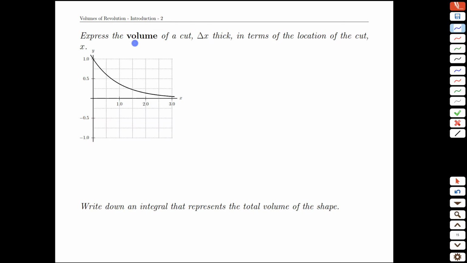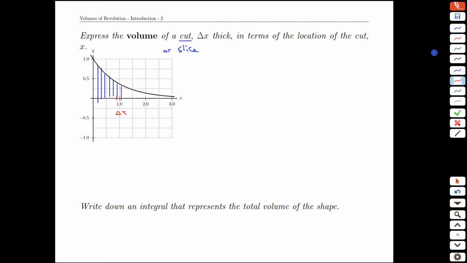Our next step will be to explicitly get the volume of a cut, or we'll often term it a slice. Let's see how that pans out. We're going to be taking slices at several points along the way here, so let's imagine these various slices. Just from the picture and from our analogies to earlier work, the width of this slice is going to be delta x.